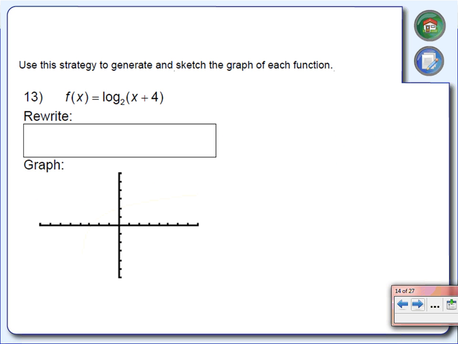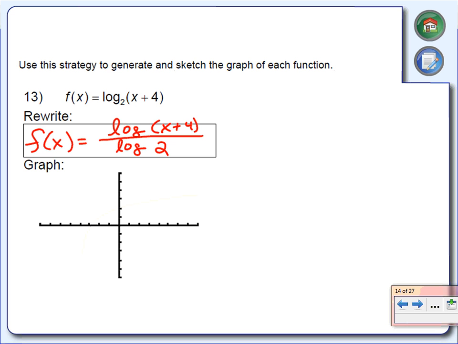So number 13, I want to know, what does the graph of log base 2 of x plus 4 look like? Well, in order to see that graph, we're going to have to use our change of base property. So this is now going to become log of x plus 4 divided by the log of 2.